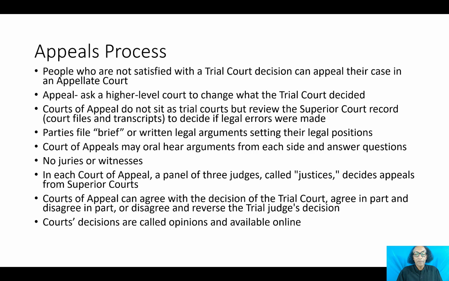Or there was a problem with the jury in the way they made a determination. They considered some evidence that they should not have. So whatever the reasons may be, usually it's an error of law because there is no factual review at the appeals process, only questions of law.